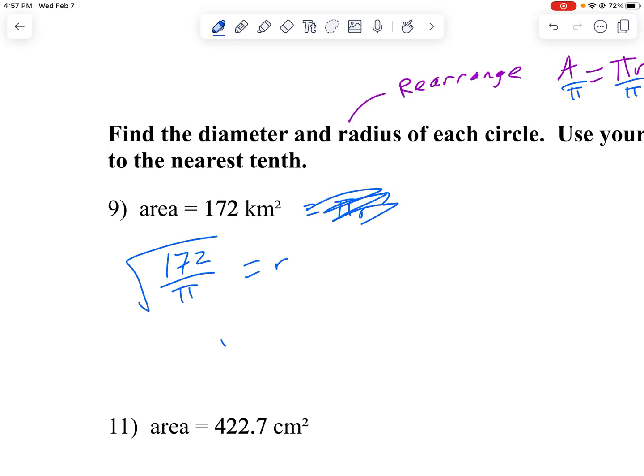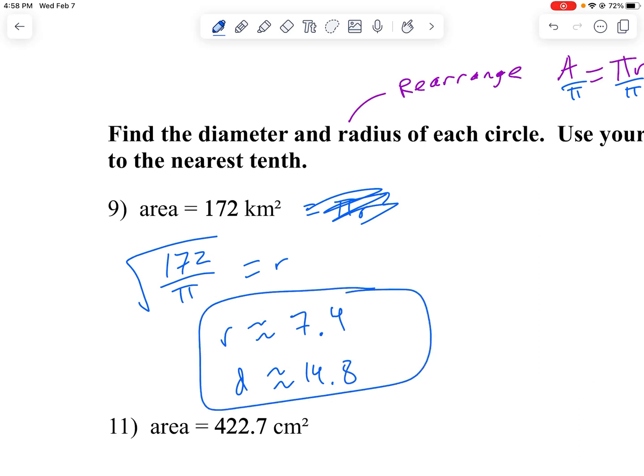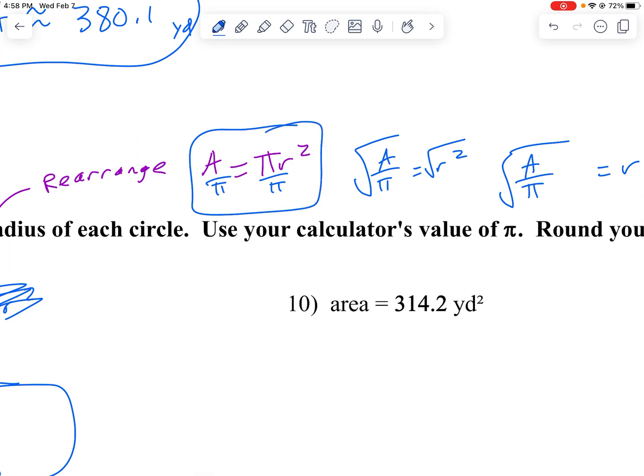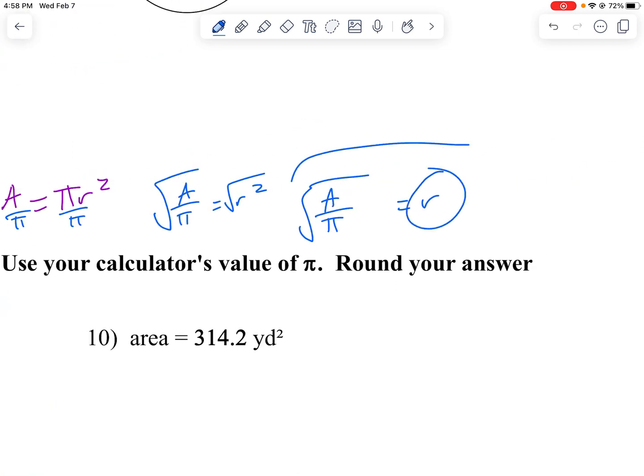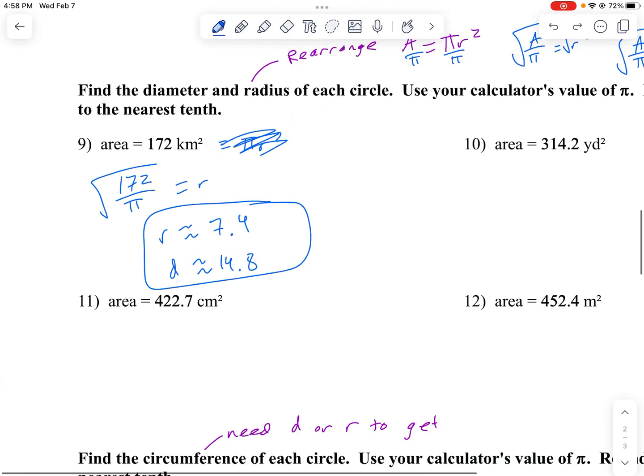And I'm going to get r is about, again, we're rounding to the nearest tenth, 7.3999, so 7.4, which means my diameter, which is going to be double that, is going to be about 14.8. Ta-da! So it can be handy to rearrange your equation to solve for the thing you're trying to get and help you get your answers a bit faster.